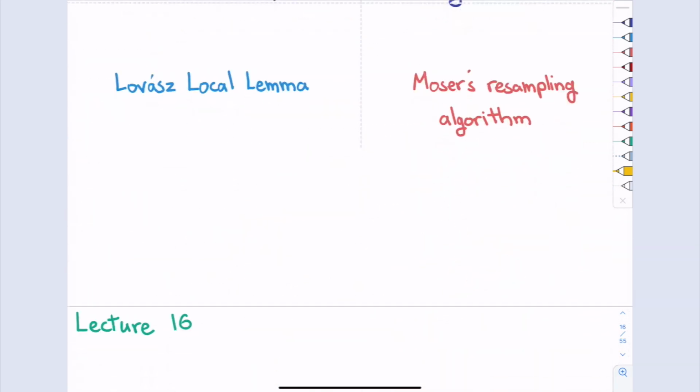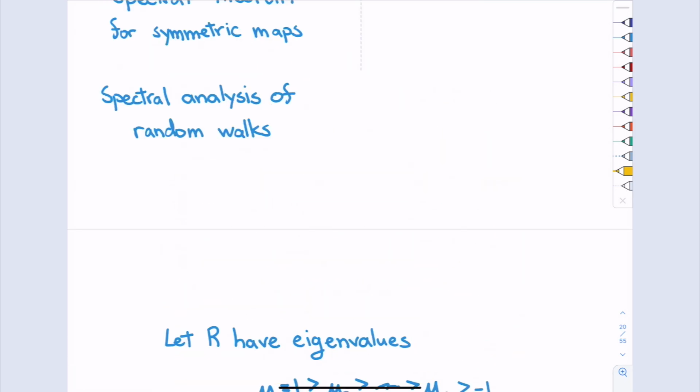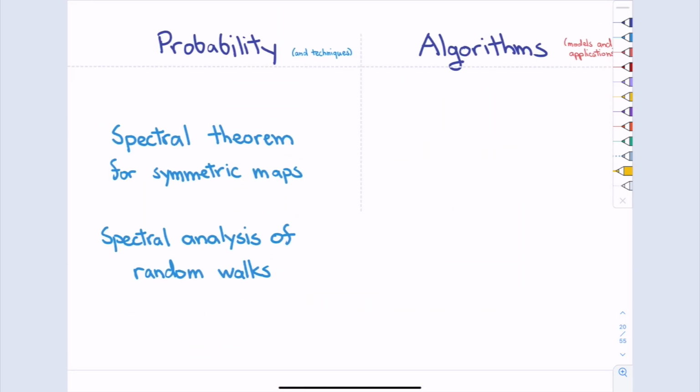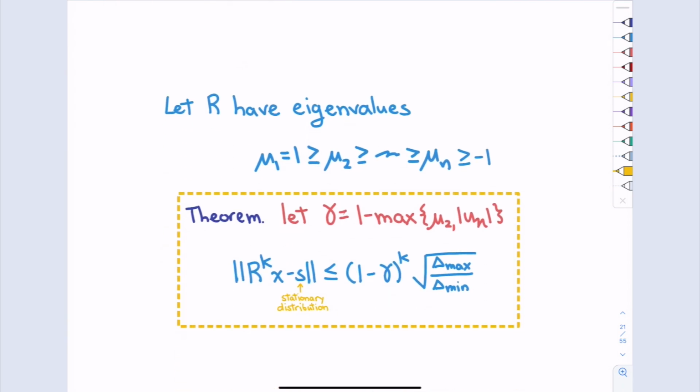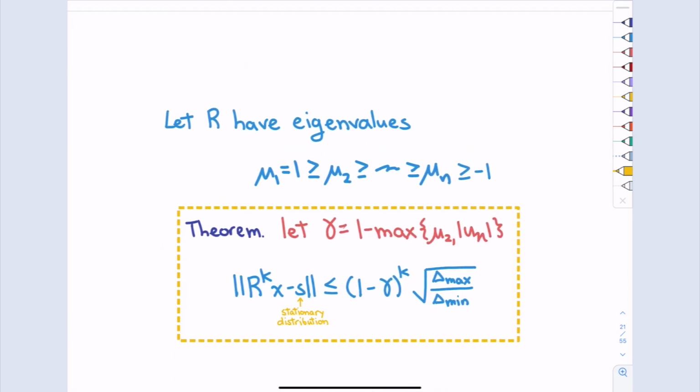And otherwise, it's also going to build on some of the random walk material from last class and the last few classes. In particular, we're going to make use of this theorem from the end of last time, which we tried to prove: if the random walk matrix has eigenvalues 1 down to -1, and we know it does because it's similar to a symmetric matrix, the normalized random walk, then we can bound how fast the random walk converges to the stationary distribution.